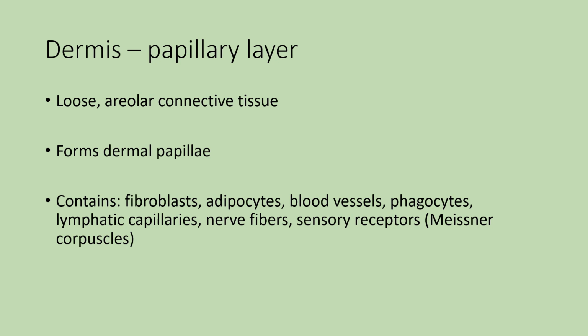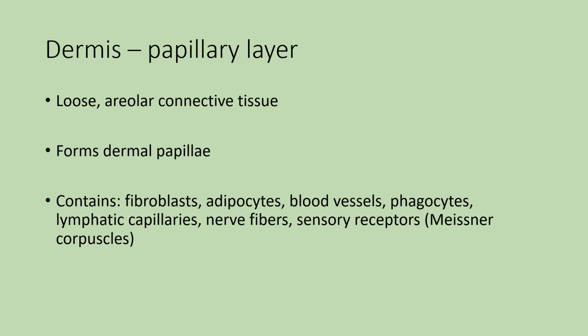Whenever you increase surface area, it allows for more diffusion to occur, etc. Within the papillary layer, you're going to have fibroblasts that are making those protein fibers that you find in the connective tissue. Remember, it has extracellular matrix, and part of that is composed of fibers that are made by the fibroblasts.